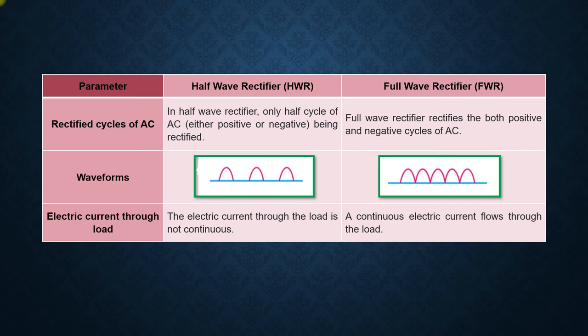In this way you get a non-continuous current. Coming to full wave rectifier, a continuous current flows in the load because whenever the source voltage is positive you get output, and whenever the source voltage is negative, still you get output. Whether the source is positive or negative, you get output. That's why here the current is continuous.